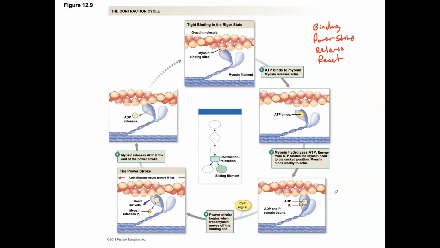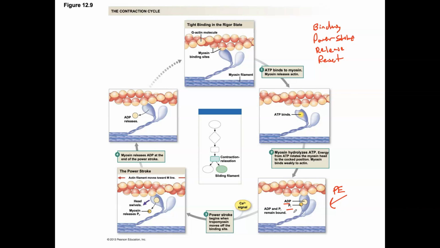When you look at resting muscle, the myosin head is in a cocked position with potential energy. If we look at this position right here, this is the potential energy position. When the myosin head is in this position, it has ADP and inorganic phosphate attached to it. In this position, you can have weak actin and myosin cross bridges forming, but the power stroke won't take place.